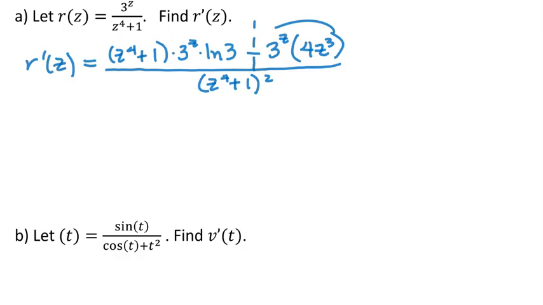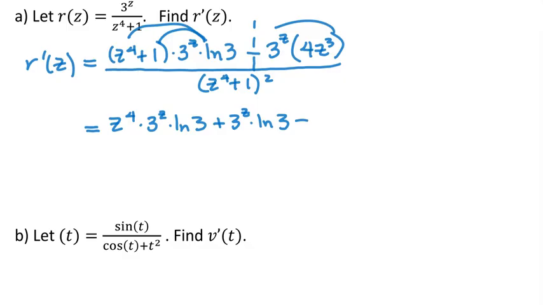So instead, I think in this one, I'm just going to distribute through, and then over here for the second term, you don't have to distribute, there's no addition, so I might rearrange a little, but that's about it. So I will have a z to the fourth times 3 to the z times natural log of 3, plus a 3 to the z times natural log of 3 minus, and you can kind of pick your favorite order here.